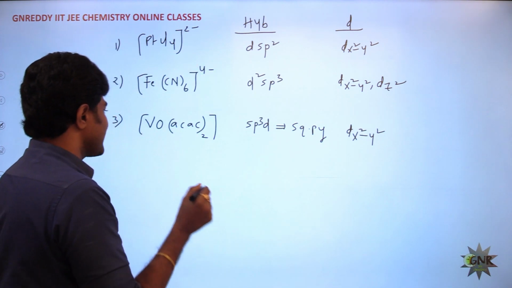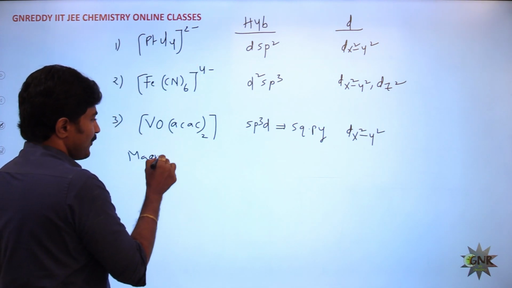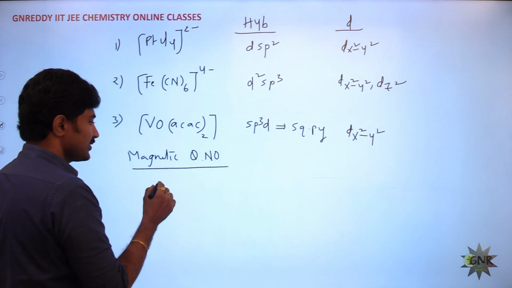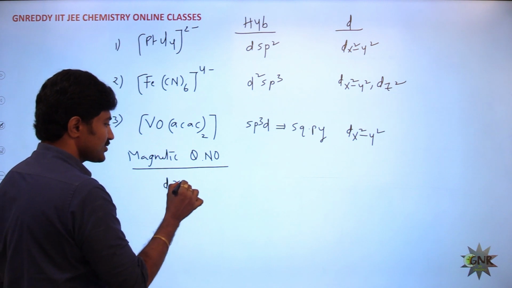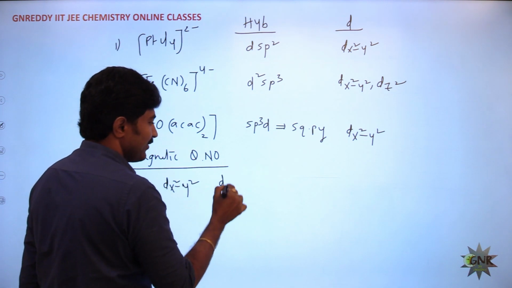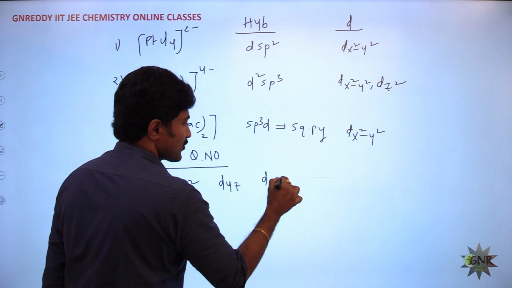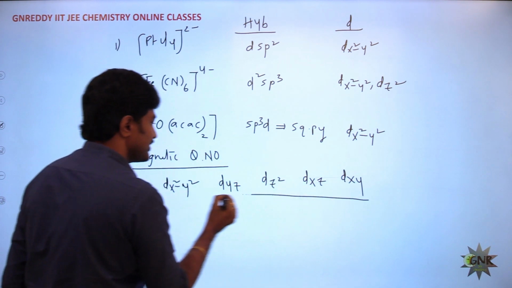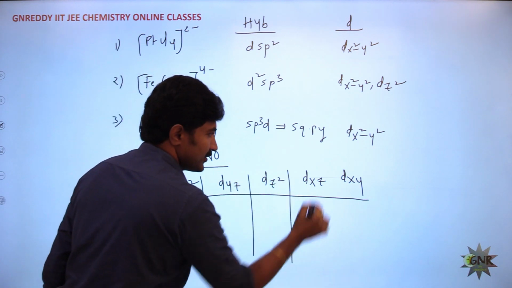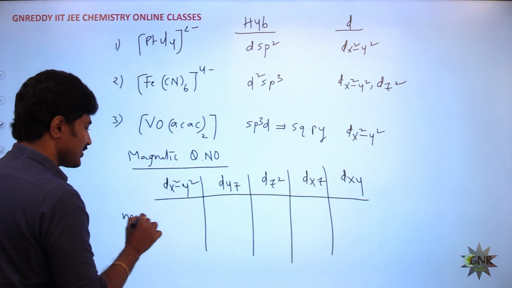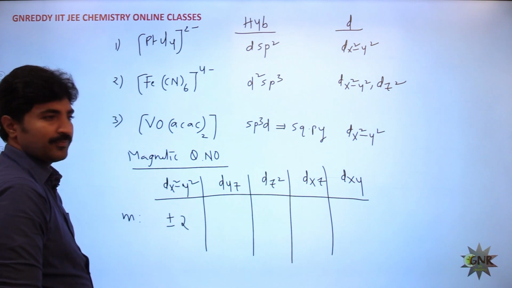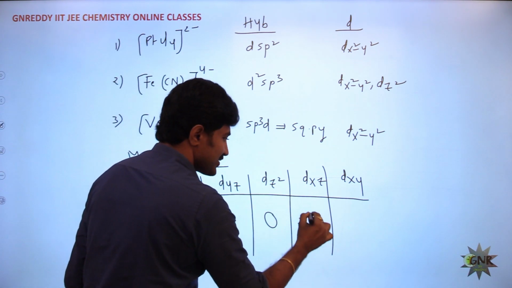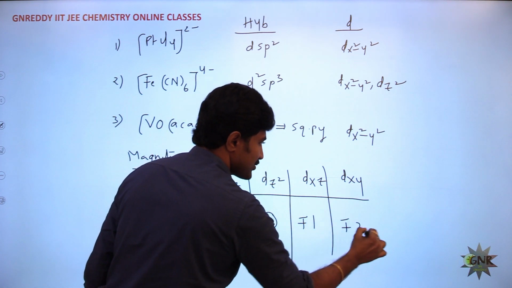Okay, if you look at the magnetic quantum numbers for various d orbitals, these are dx square minus y square, dyz, dz square, dxz and dxy. For these 5 d orbitals, the m values may be plus or minus 2, plus or minus 1, 0, minus or plus 1, and minus or plus 2.